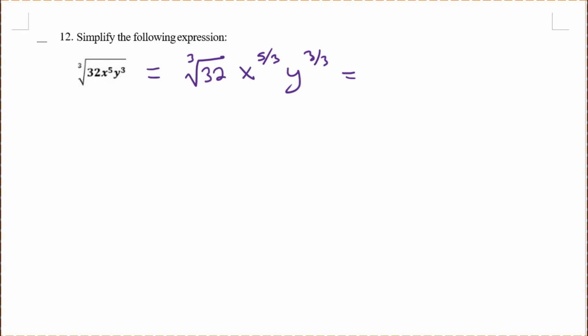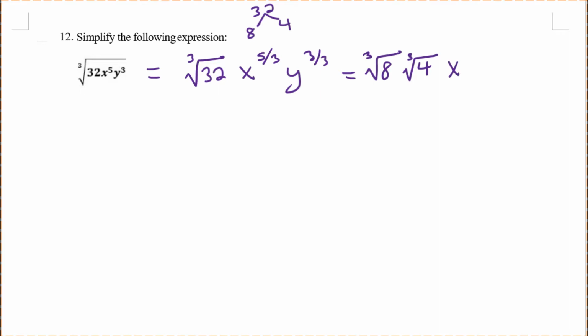We know that 32 can be broken into 8 and 4, and the cube root of 8 is 2. So this can be broken down as cube root of 8 and cube root of 4.